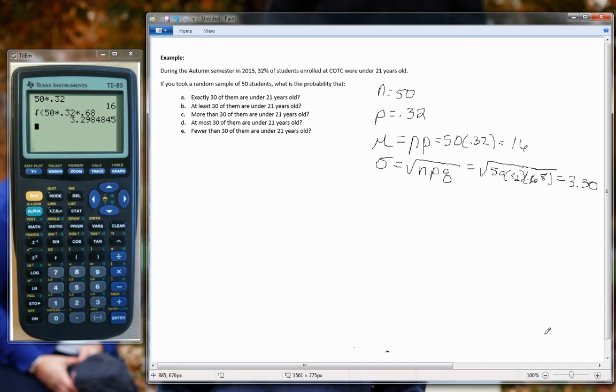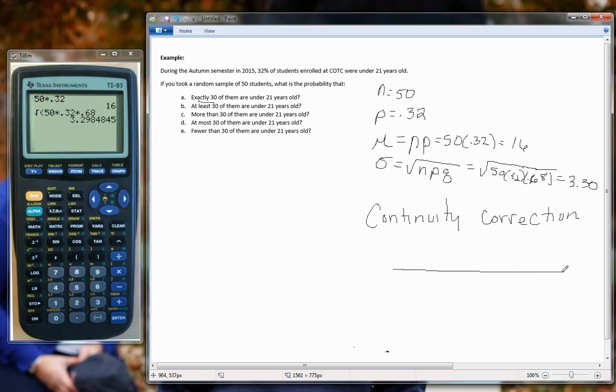But the normal distribution is continuous, so we have to use what's called a continuity correction. Basically all of these are about being exactly 30 of them under 21, or at least 30, more than 30, at most 30. So all of this is kind of around 30 students.